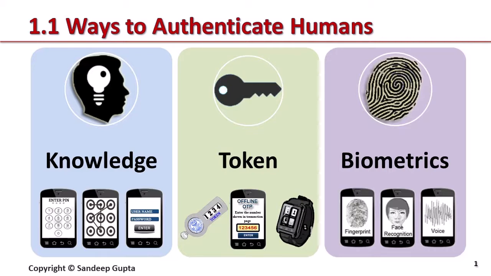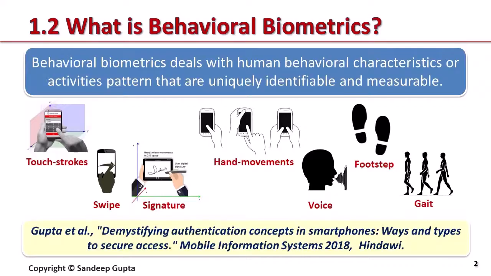Next, you will learn what behavioral biometrics is and recently researched modalities that are successfully deployed for user authentication for smart devices. Behavioral biometrics deals with human behavioral characteristics or activity patterns that are uniquely identifiable and measurable to generate a classification model that can be used for recognition purposes.